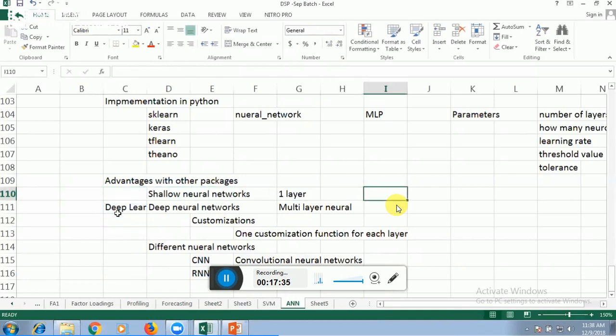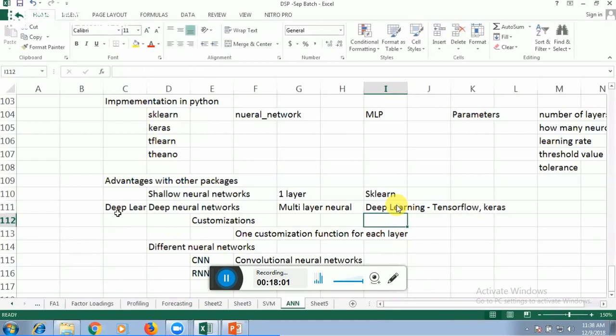For a shallow neural network, scikit-learn works well, but for deep learning, you have TF-Learn, TensorFlow, as well as Keras, which have additional features you can customize better.